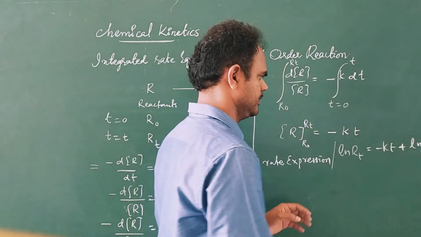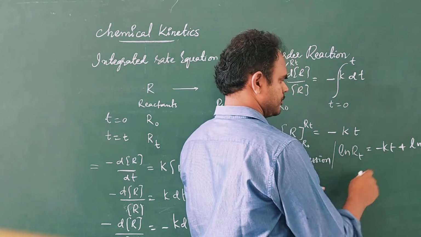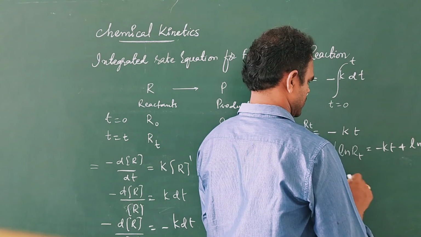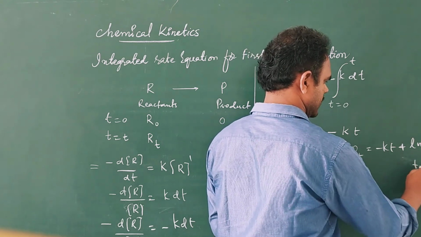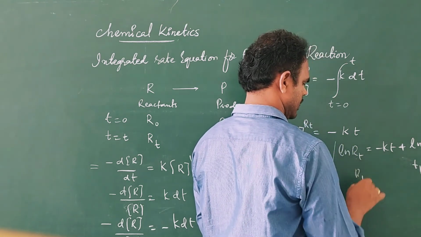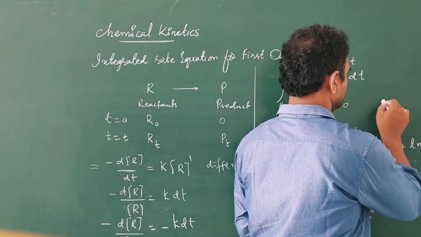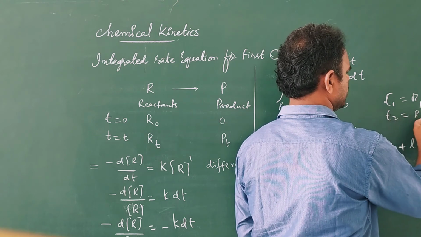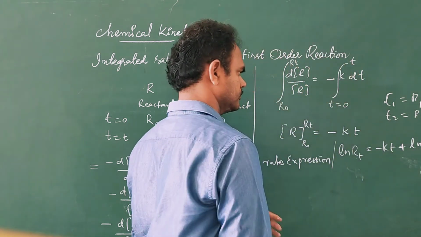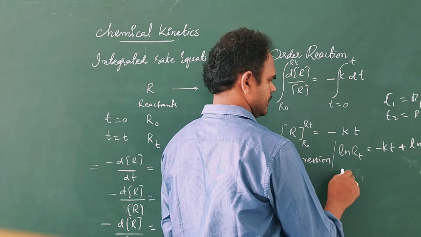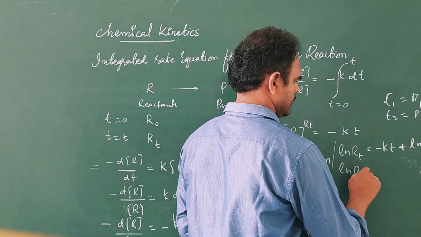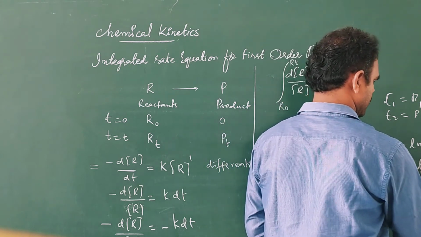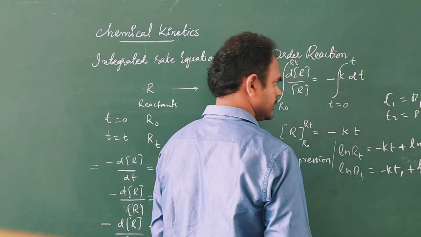For this equation, for example, at t1 time, r will be r1, and at t2 time, r will be r2. Then the equation is ln r1 equal to minus k t1 plus ln r0, where the initial concentration is a constant.